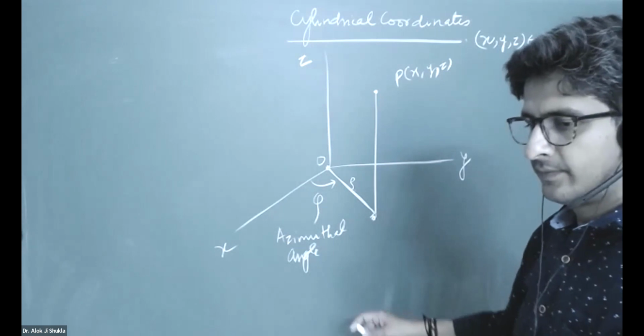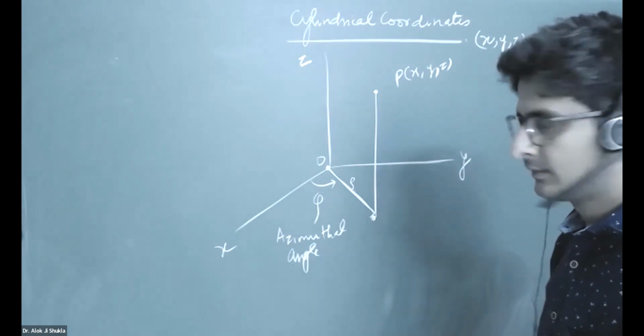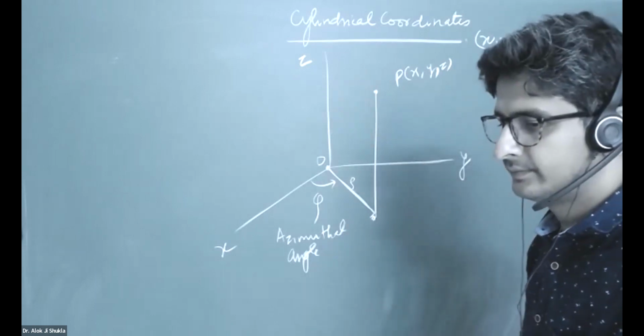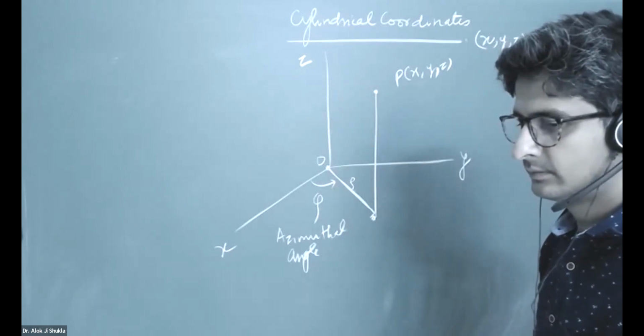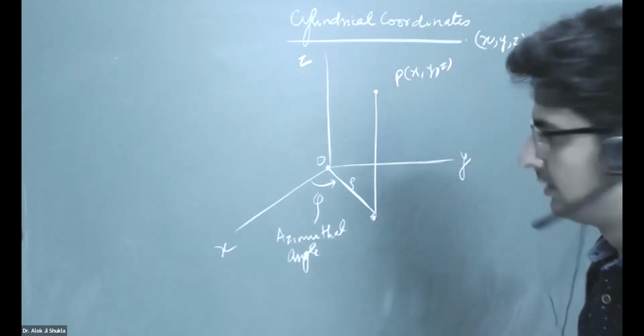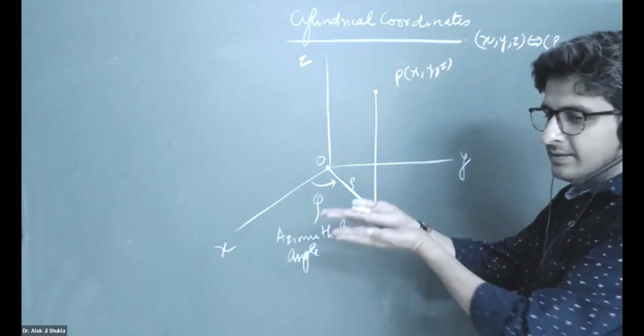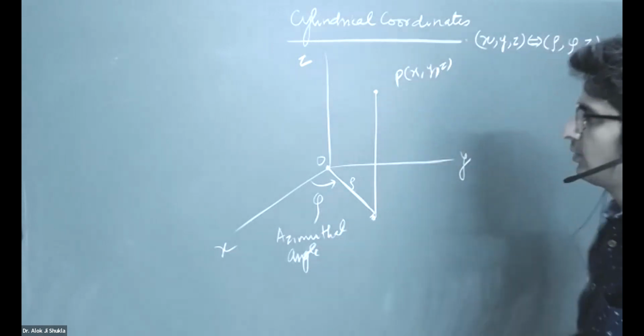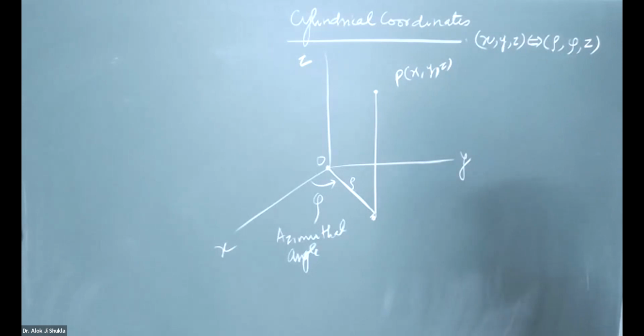Sir, it may be phi. No, I am asking the angle between rho and z. Rho and z. So 90 degree. Yes, very good. Because this is the xy plane, so this is perpendicular. So the angle between rho and z is 90 degree.